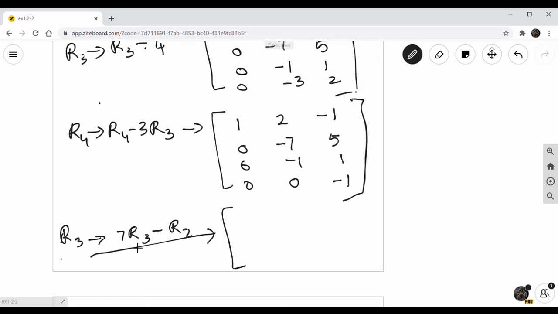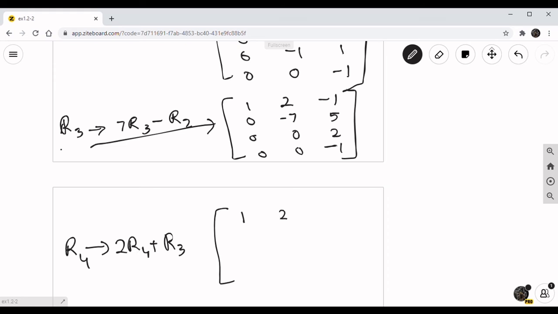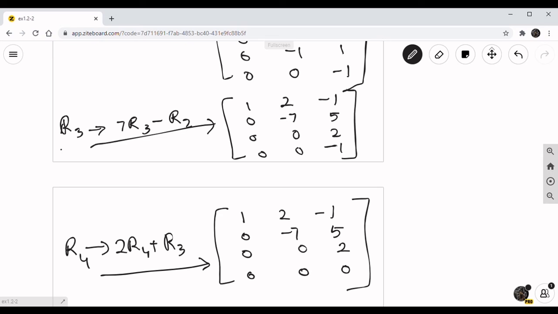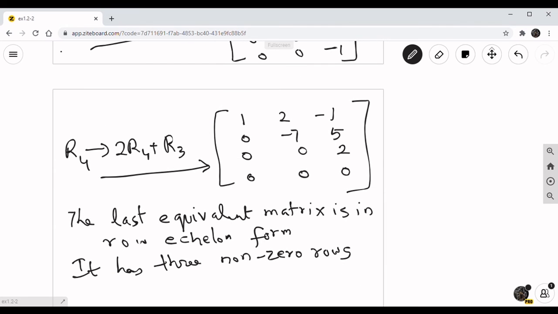This turns to be 0, 0, 2. So the last equivalent matrix is in row echelon form. It has 3 non-zero rows. Therefore the rank of A is 3.